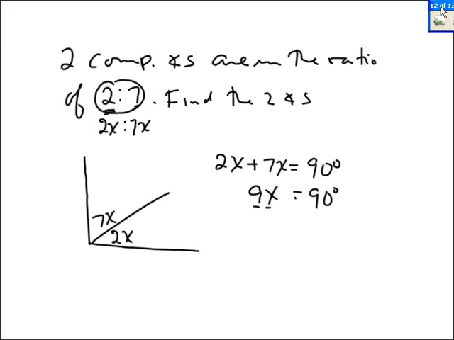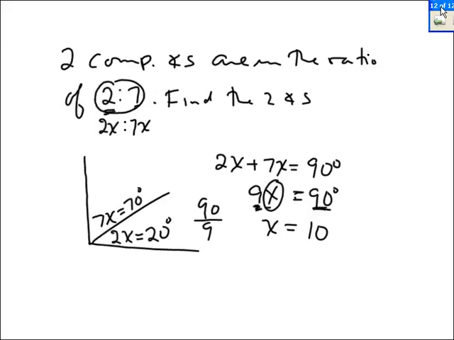Well, I know what to multiply 9 by to get 90. I think teachers push division way too much. We're better at multiplication. 9 times what gives you 90? 10. You think that's harder than 90 over 9? Okay, so x is 10. So twice x is 20, and 7 times 10 is 70. And those are the 2 angles.